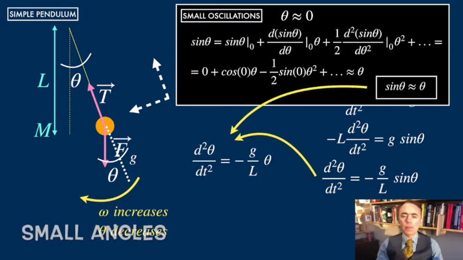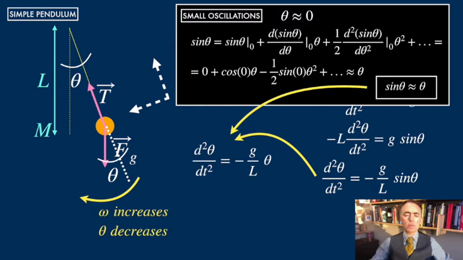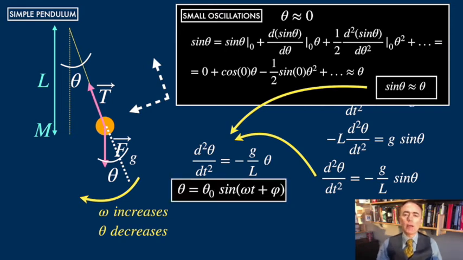Now, this new differential equation is much simpler to solve. As a matter of fact, it's an acquaintance of ours. The second derivative of the angular position is equal to minus a constant times the angular position. We already know that the solution to this differential equation is a trigonometric function.